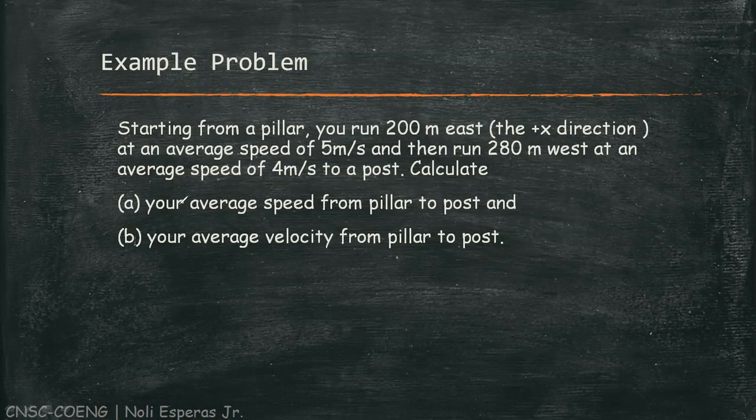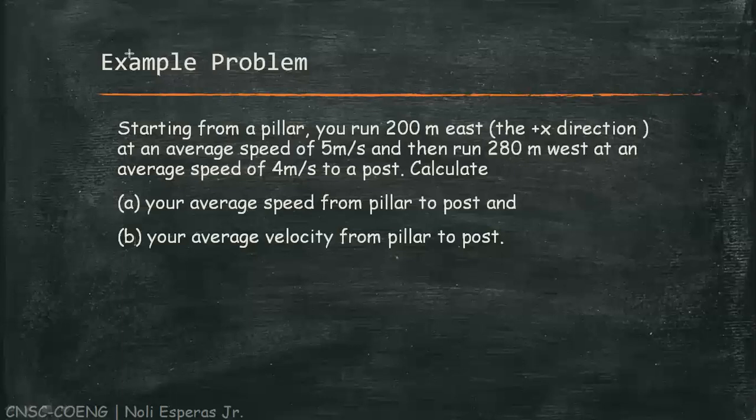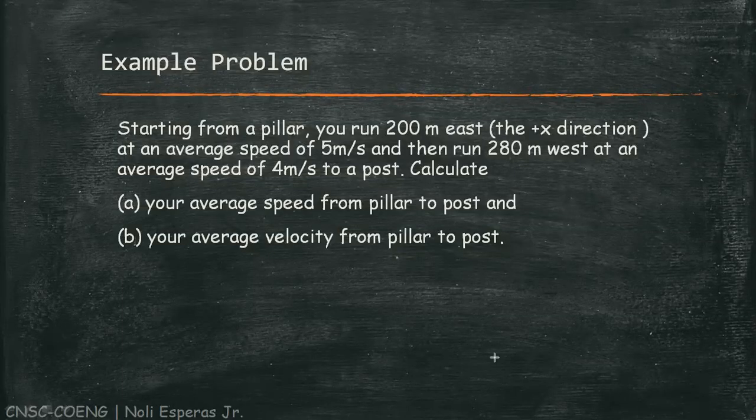Calculate A, your average speed from pillar to post, and B, your average velocity from pillar to post. In every problem such as this, it's important that we are able to illustrate our problem so we could visualize the scenario. Also, we can analyze the problem more easily.